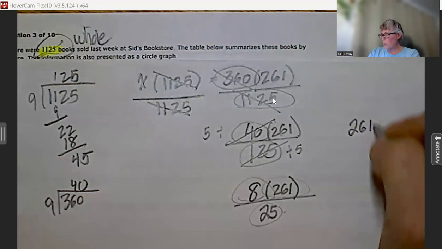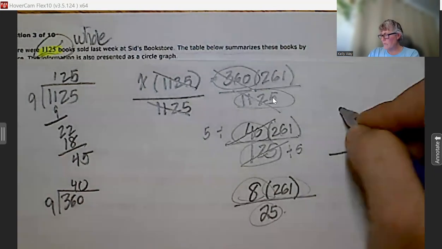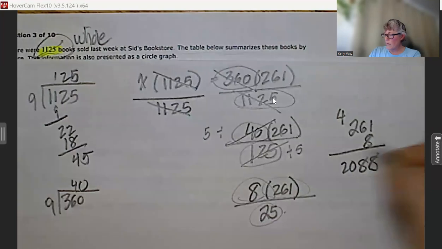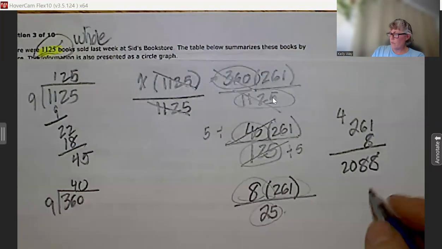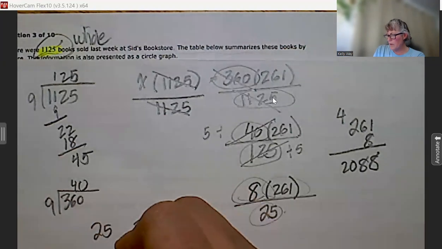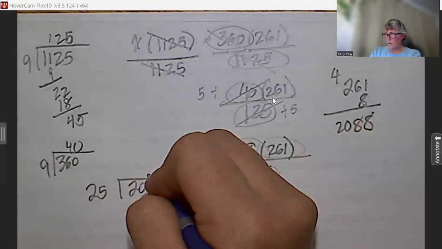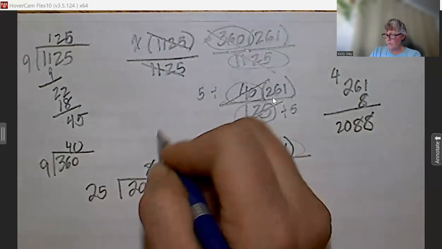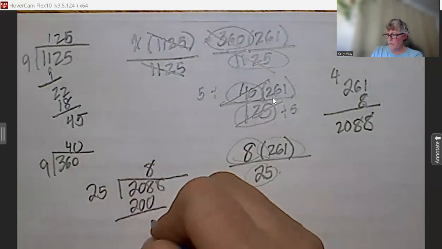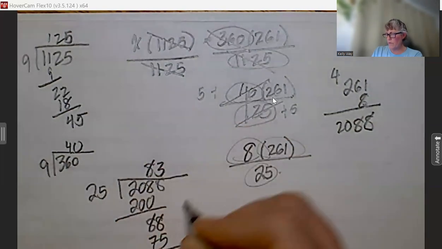So 261 times 8. That's 16 plus 4 is 20. So I have right here 25 goes into 2088. Eight times 25 is 200. We bring 8 down. 8, 3, 75.